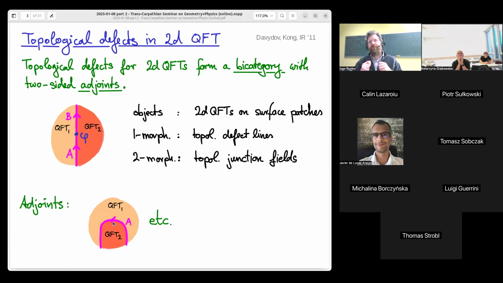So it's sort of one level up from a category. It's a two-category, which may not necessarily be strict, with some additional structure, which I will not talk so much about, which are these adjoints. So what's a bicategory? It has objects, one-morphisms, and two-morphisms. The objects are compared by one-morphisms, and one-morphisms are compared by two-morphisms. That's what it's called mathematically.